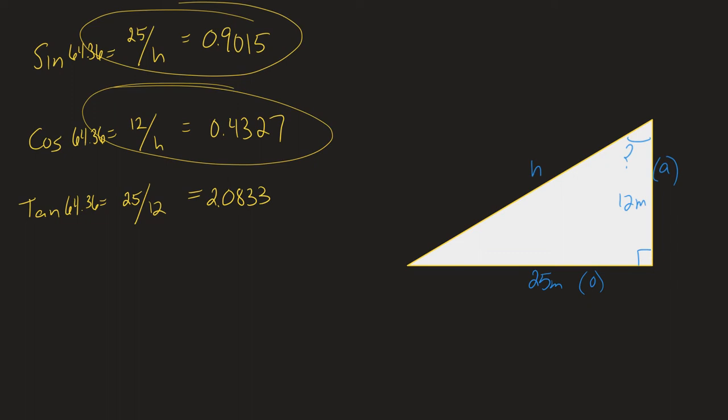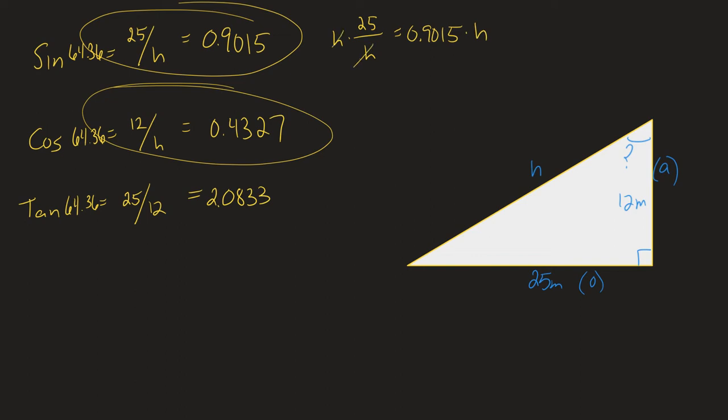But I'm going to pick one of these ratios to determine h, and I'm choosing the sine, so 25 over h equals 0.9015. And yeah, I know there's a subset of you guys who cannot solve this for h. So this is the one time I'm willing to show the work. Multiply both sides by h.